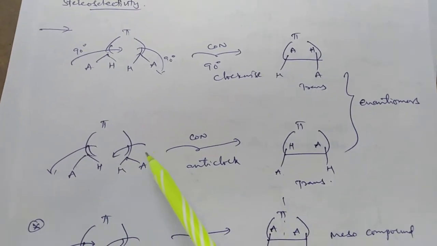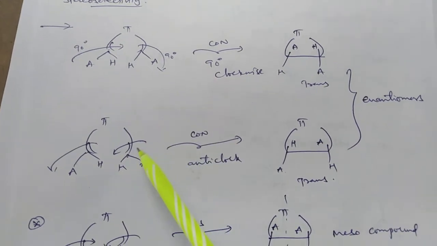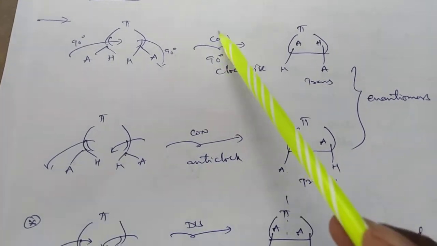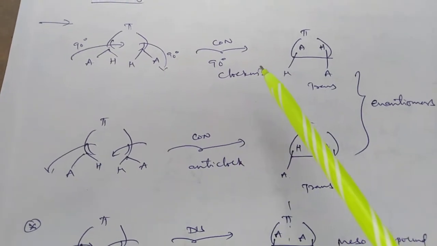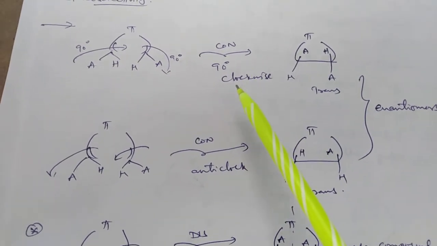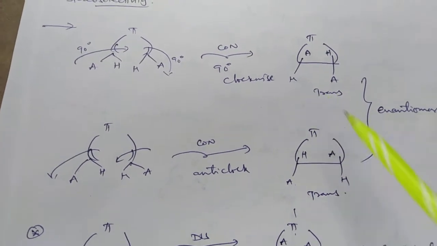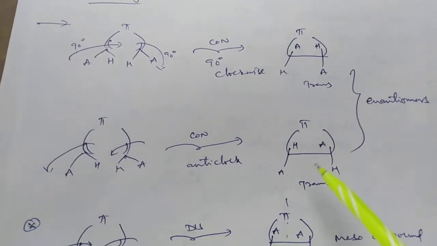In these two cases, we are explaining only one compound, the same compound, same rotation, but the difference is clockwise and anti-clockwise. They give the same products as trans isomer.